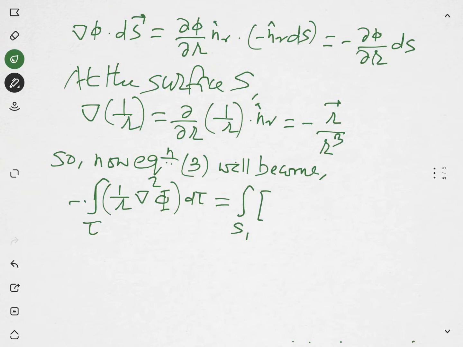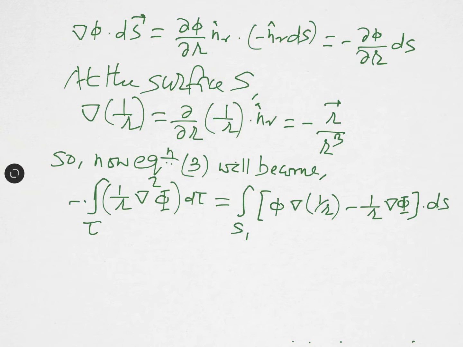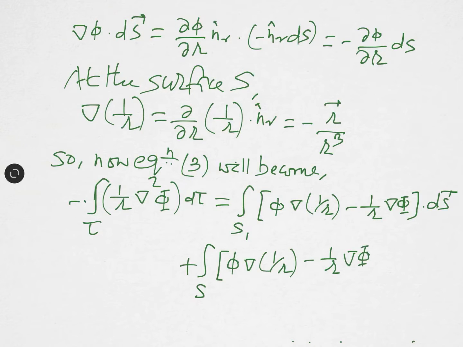This will be equal to integral over S1 of phi del 1 over r minus 1 over r del phi dot ds, and plus integral over S, and again we write the same term, phi del 1 over r minus 1 over r del phi dot ds.